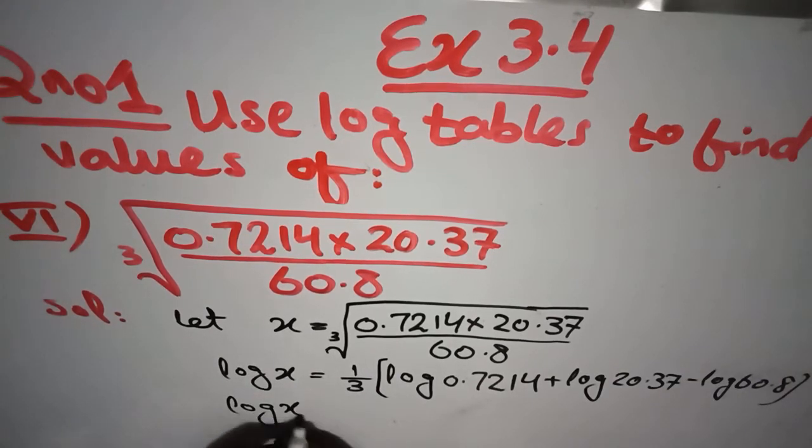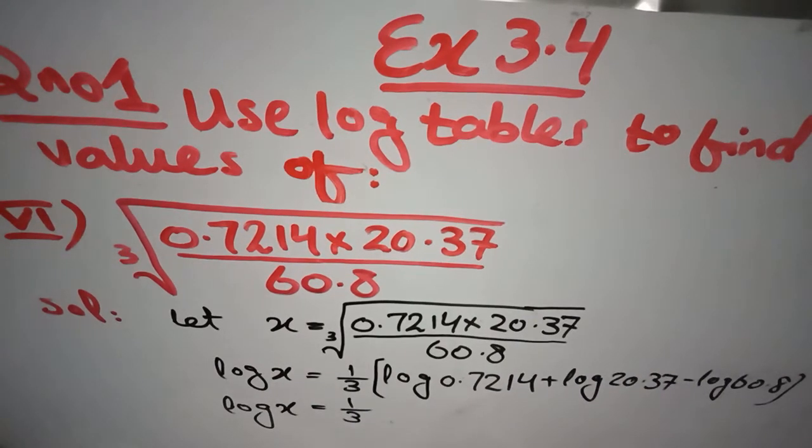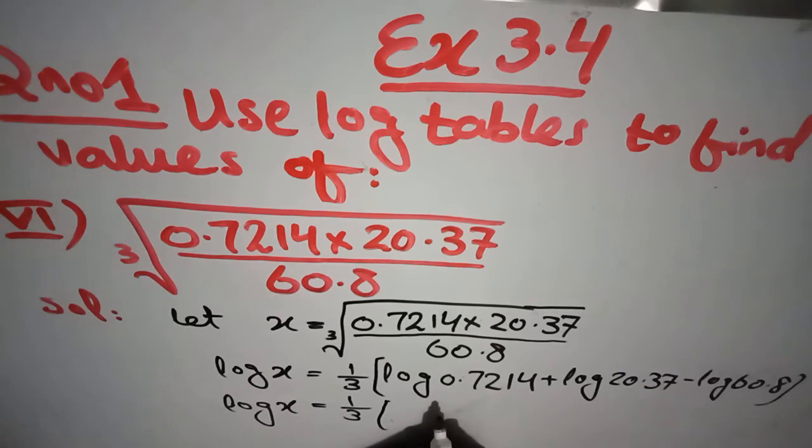Simply, log x is equal to 1/3 can be written like this. So now you will take the logarithm of all the values, similarly to what you did in your previous question. Now change the form of this value, because it is not in standard form or scientific notation.